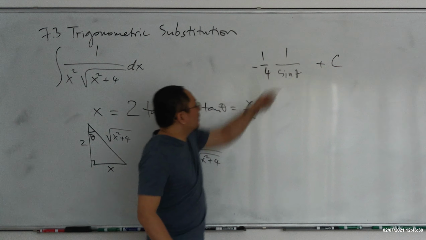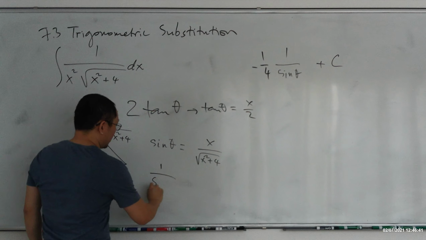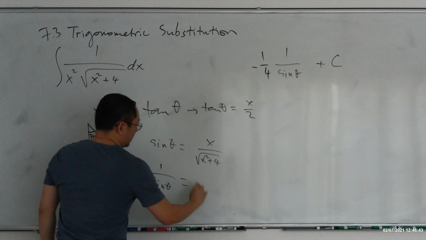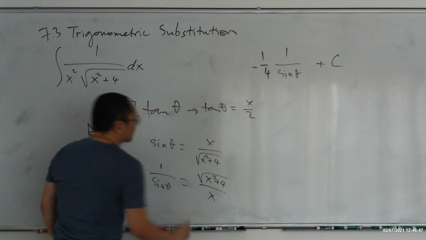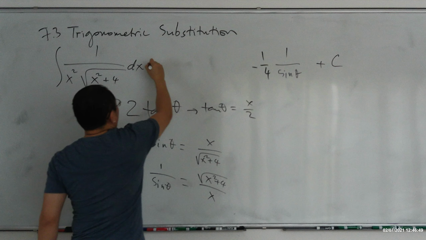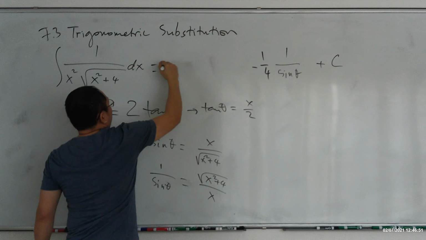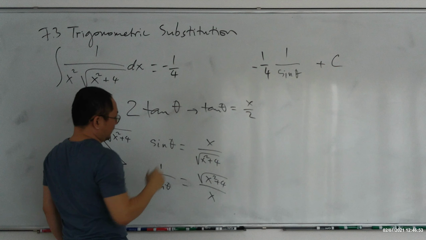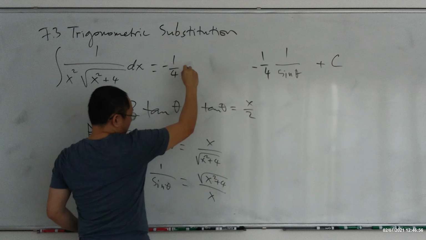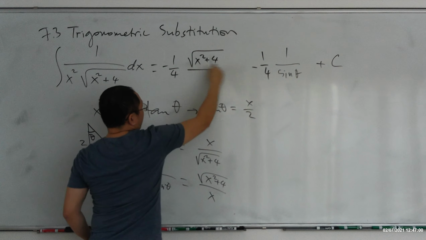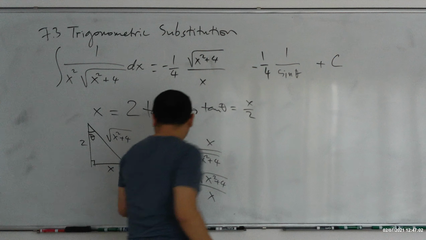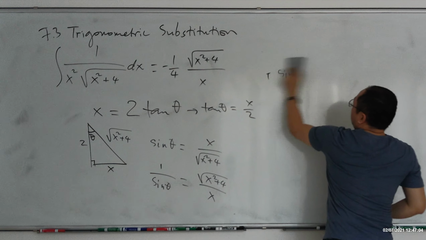So 1 over sine theta, which is cosecant theta, is the reciprocal of this: square root of x squared plus 4 over x. Now that you have the answer, that's going to be -1 over 4 times square root of x squared plus 4 over x, and then don't forget the plus c at the end.